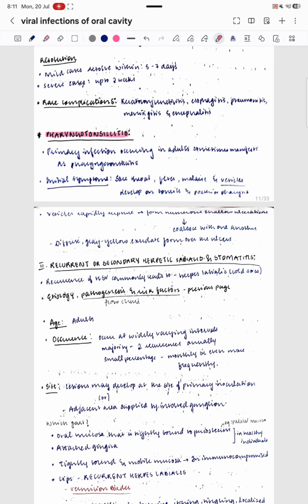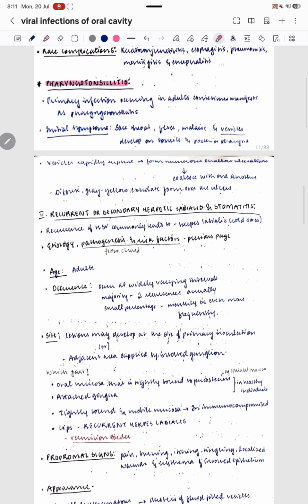So the initial first symptom is sore throat, followed by fever, malaise, which is muscle pain, and vesicle formation, which develops on the tonsils and the posterior part of the pharynx.